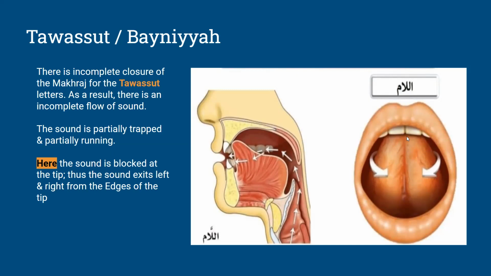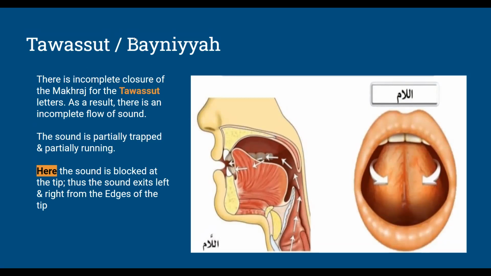So even though the makhraj is closed from the front, it's open from the sides, so the sound is escaping from the sides. Here you can see the sound travels up. When it finds the normal opening of the passage is blocked, it comes out from the sides. When you say L, L, L, you can experience that the sound is coming from the side.